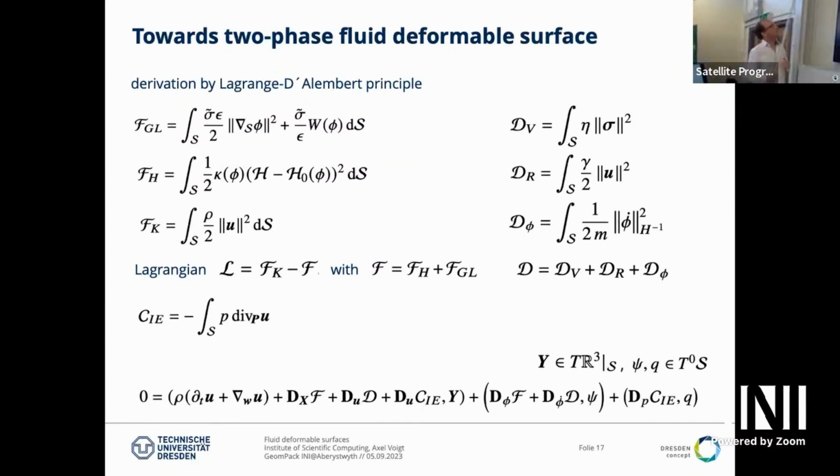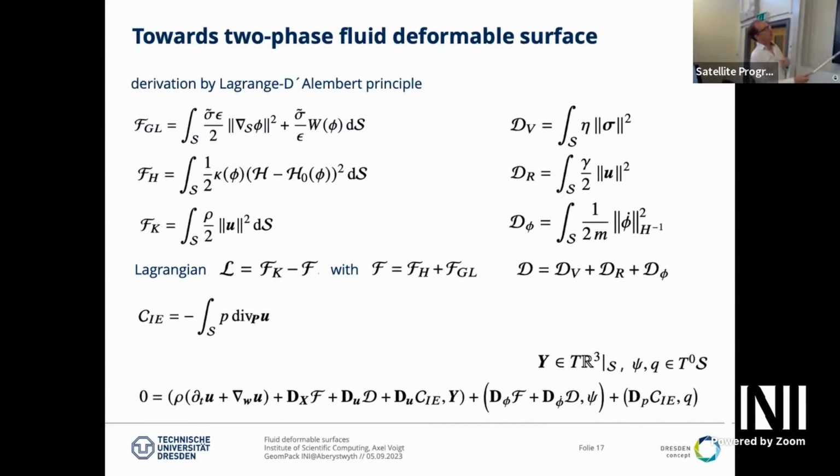We use the Lagrange-d'Alembert principle to derive this. I briefly sketched the idea here: we start with our energies. We have a Cahn-Hilliard type energy for an order parameter distinguishing the two different phases on the surface.